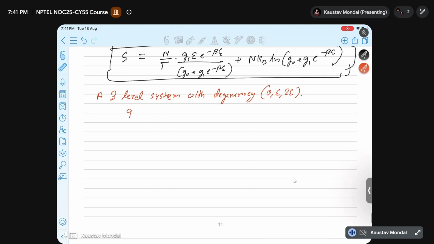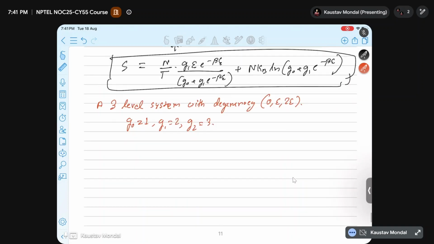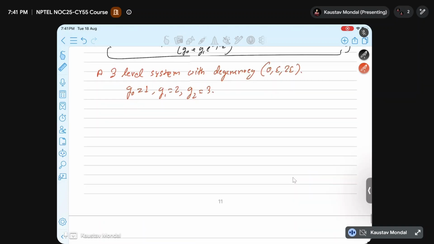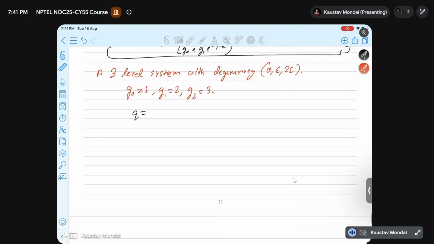So the degeneracies g0 has 1, g1 has 2, and g2 has 3. So these are the degeneracies. And the partition function, if you want to write, it will look like this. Q will be equal to, we know, for a single particle partition function, summation over gj e to the power minus beta Ej. So it will become g0 plus g1 e to the power minus beta E, right?